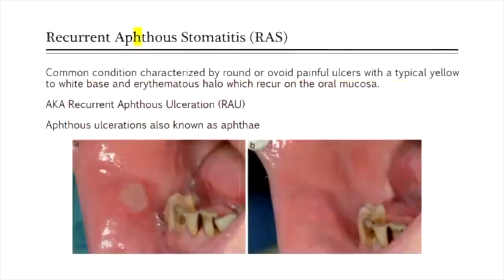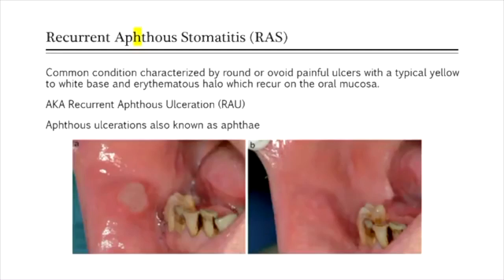Okay, what we're going to learn about for the majority of the rest of this lecture is this funny condition called recurrent aphthous stomatitis. Now, lots of people like to call it recurrent aphthous ulceration, and that's because every few years people get bored and decide they need to rename something, and they make an argument about how the name's not right.